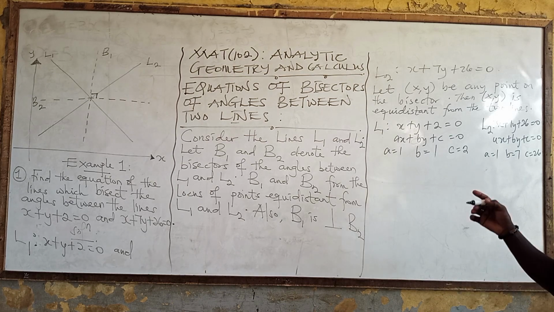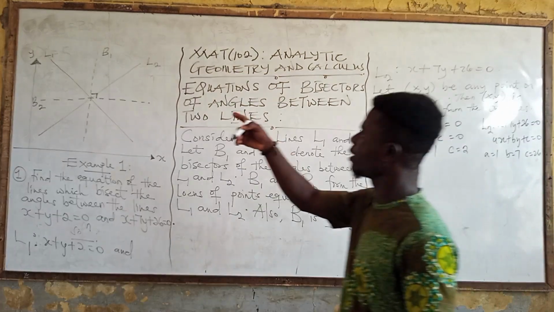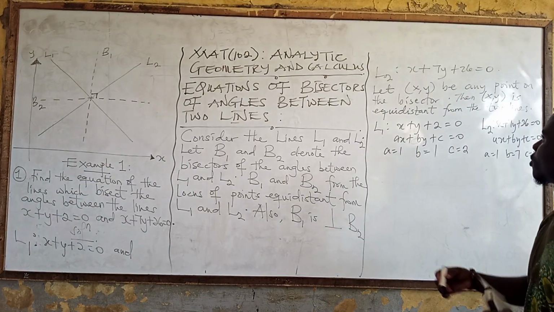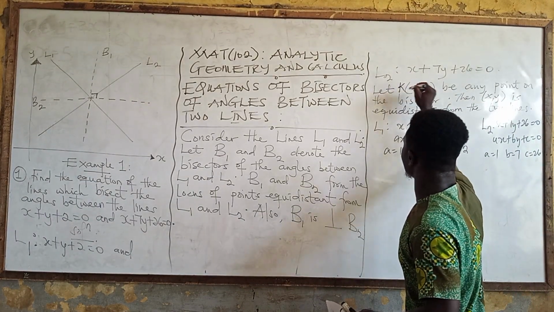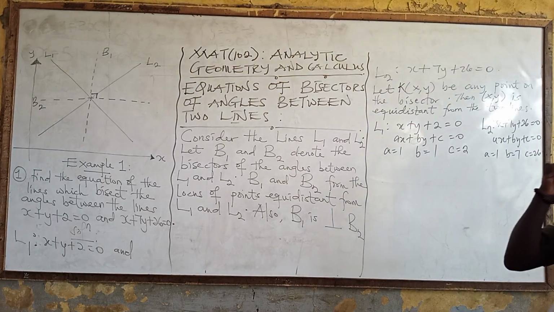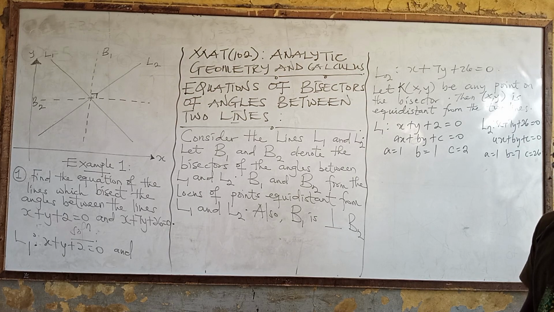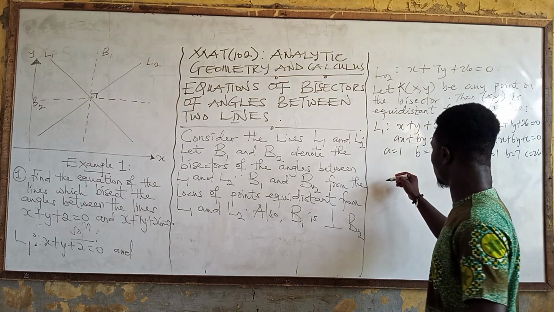So now, since we have a point on the bisector, point xy, I can say that point k, that's xy, is on the bisector. Then we can find the perpendicular distance. And how do we calculate the perpendicular distance?